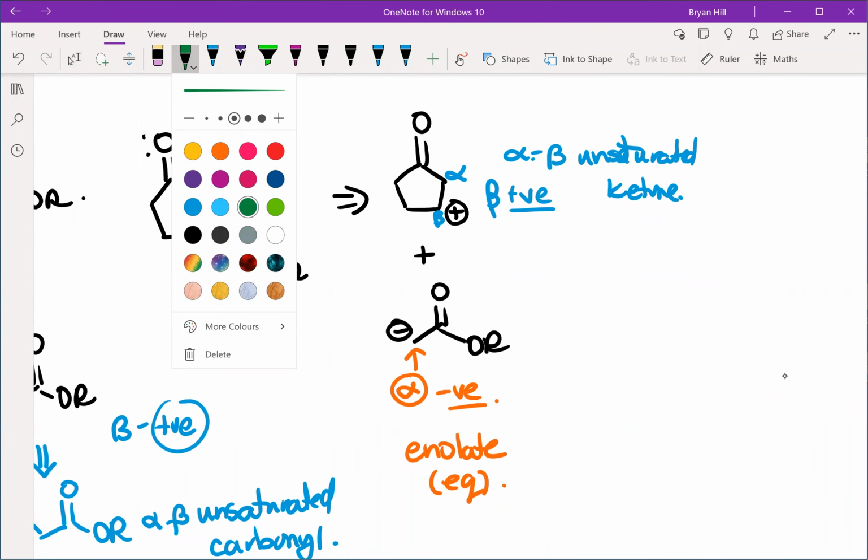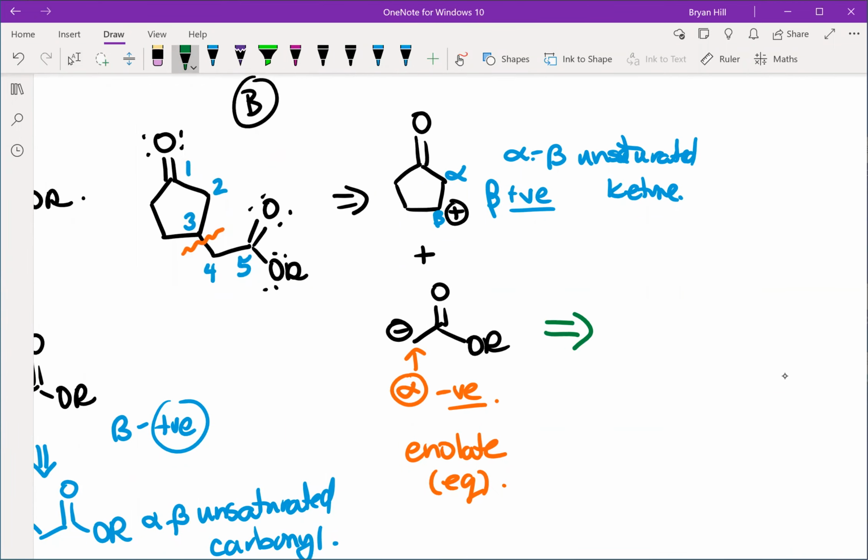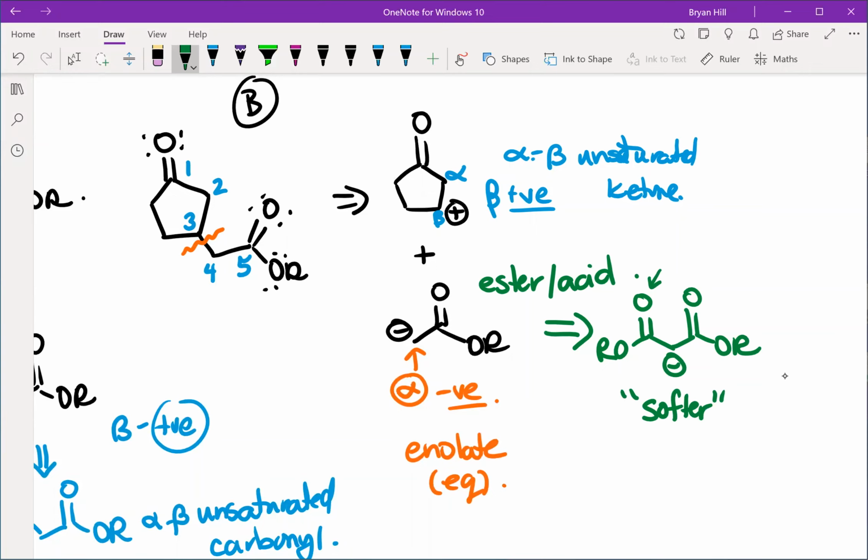If you've got an ester, or an acid, remember the equivalent of this, so when we said enolate equivalents, can be the malonate, because when you've got the extra carbonyl here, it makes the resulting negative charge softer, and this promotes 1,4 addition.